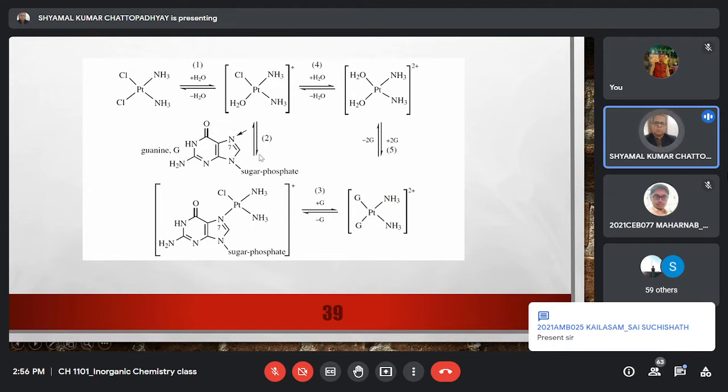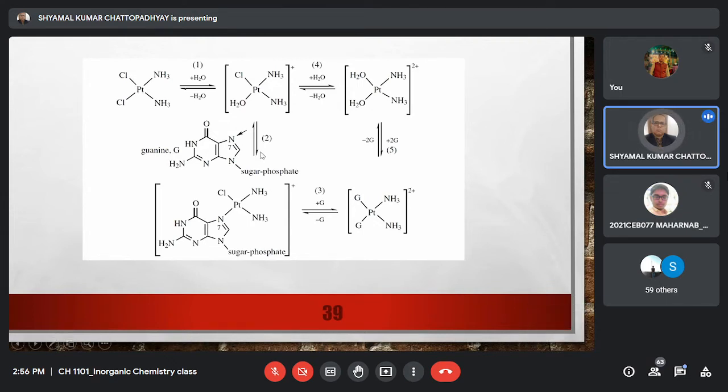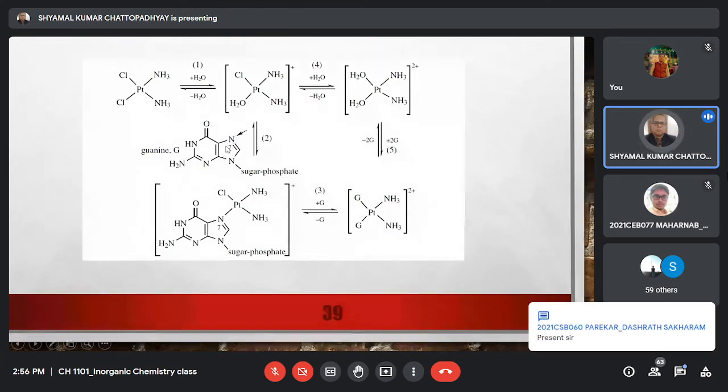Now, from a lot of experiments, it has been clearly established that it is the guanine base, and this nitrogen atom of guanine, which is called the N7 nitrogen atom of guanine, through which the platinum complex is bound to the DNA.